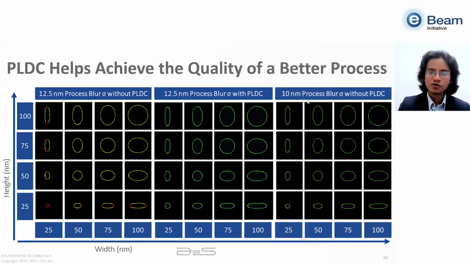In fact, if you compare this for 12.5 nanometer process blur with PLDC, and if you compare this with a 10 nanometer process blur without PLDC, you can see that with PLDC, even for a bad process, it's producing better results compared to a good process. So I'm just considering this a bad process on a comparative basis. So here you can see that PLDC actually helps achieve the quality of a better process.